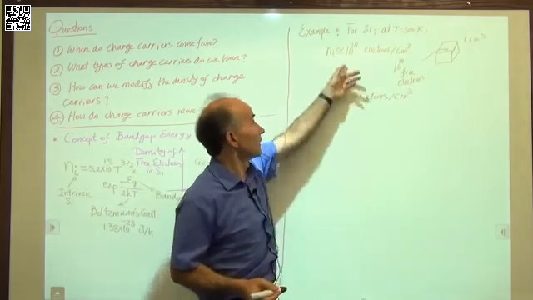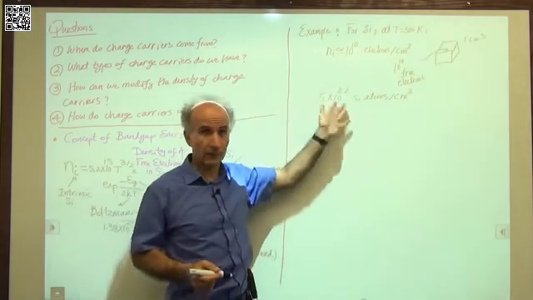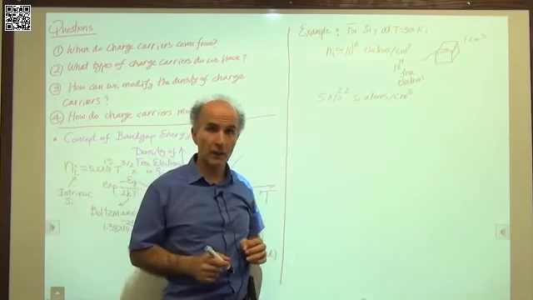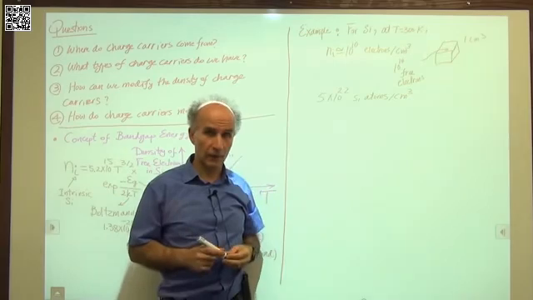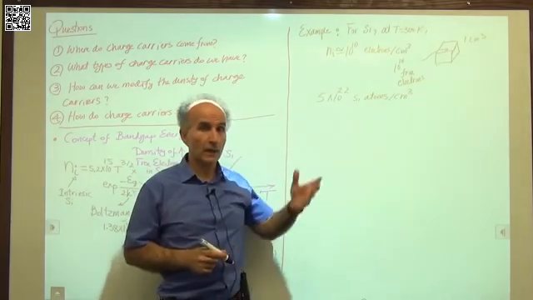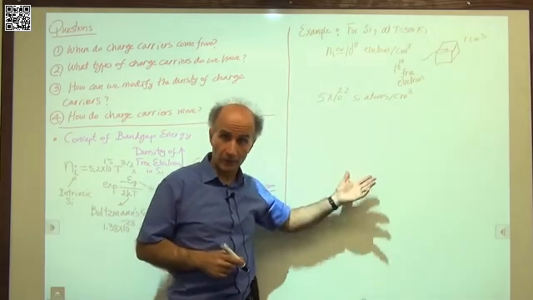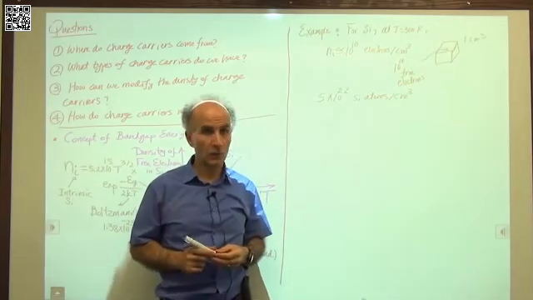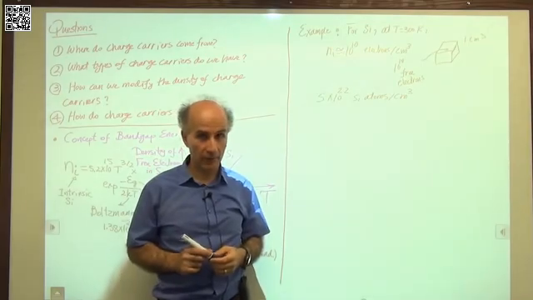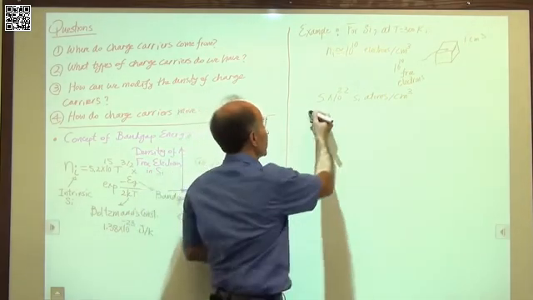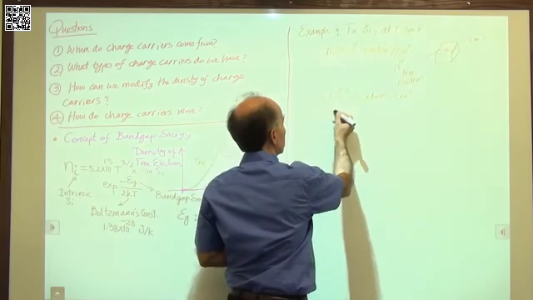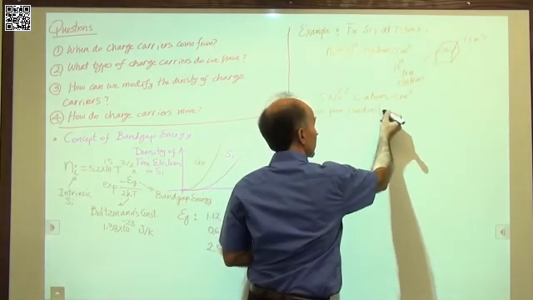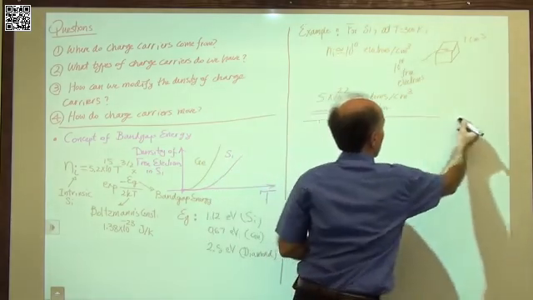The ratio of these two is 5 times 10 to the 12. It's a huge number. So a very, very small fraction of the atoms have released an electron. So a piece of silicon, as I have described it so far, is a relatively poor conductor because we don't have that many electrons available. All right, so we'll say poor conductor. It's still better than diamond because it does conduct, but not as much as we would like it.